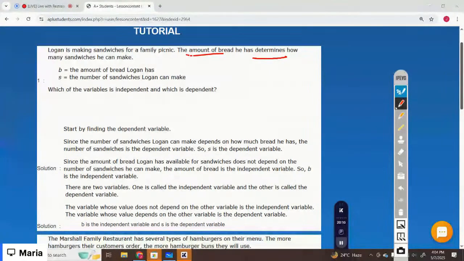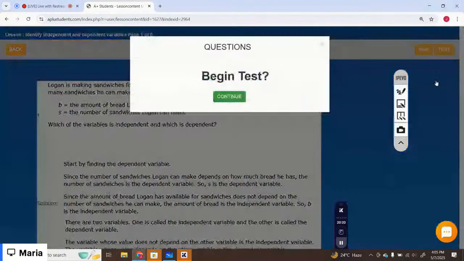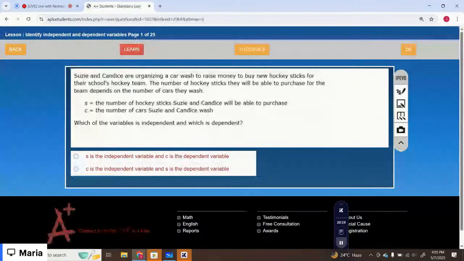Let's just start with the test questions. Susie and Candice are organizing a car wash to raise money to buy new hockey sticks for their school's hockey team.